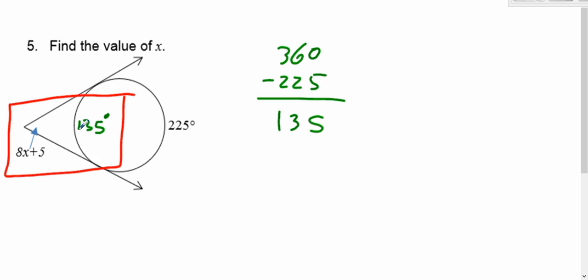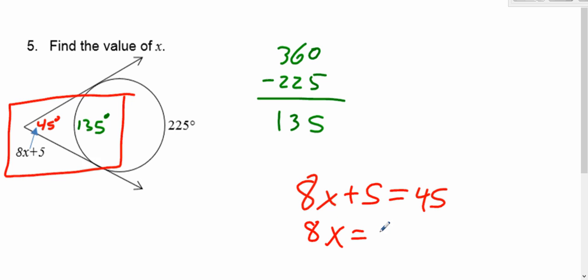So I like the angle and the inside arc always add to 180. So if this is 135, that means the angle must be 45 degrees because they have to add to be 180. So then we have a simple equation this way. 8x plus 5 equals 45.